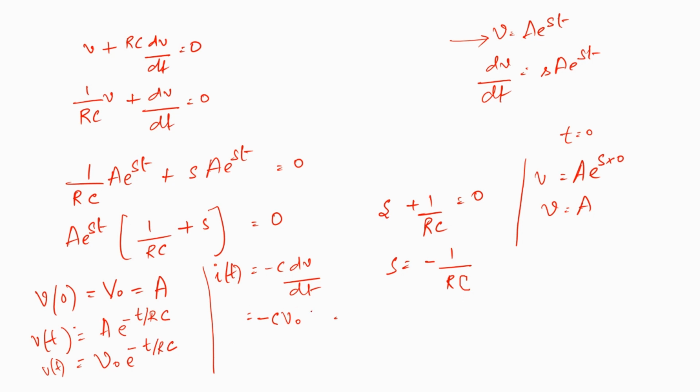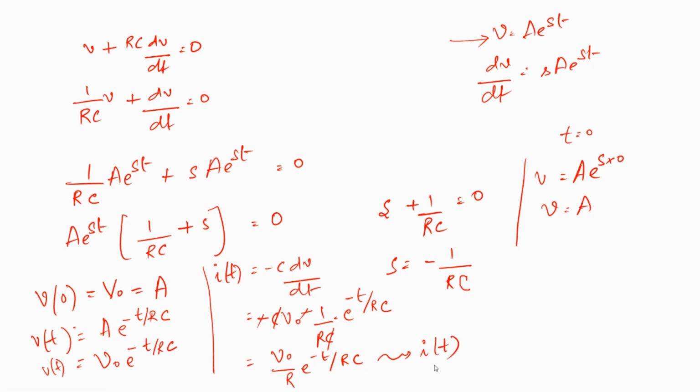So I'll have minus 1 by RC, and I'll have e power minus t by RC remaining. So now I can cancel out the C, I can remove the minus sign, and what I'm left with is V naught by R e power minus t by RC. So this is the expression for I of t.